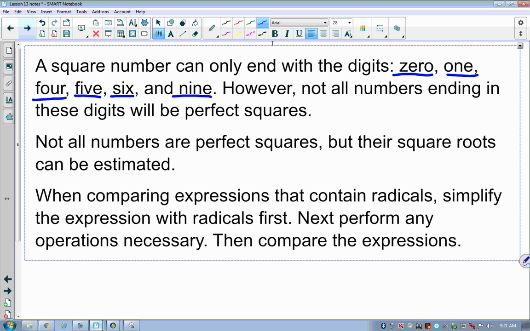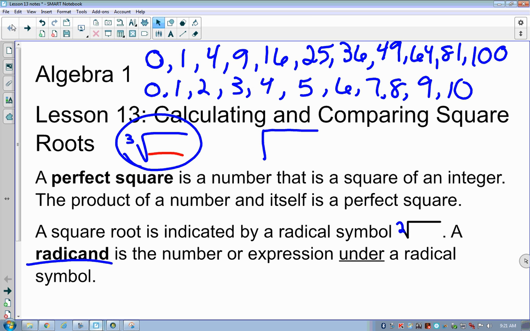Let's go back and see if that's true. 0, 1, 4, 9, 6, 5, 6, 9, 4, 1, 0. You see there, it's always the same things. So that's an indication. So if I wanted to check a really big number, let's say 147.